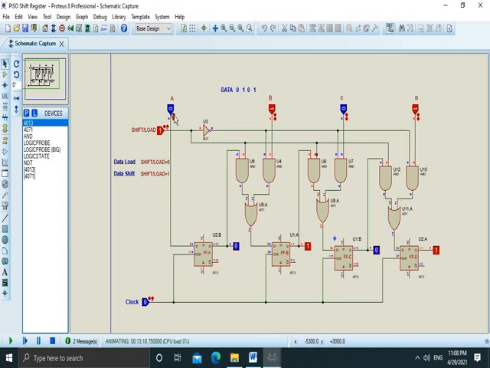So the input of the first flip-flop is 0, the input of the second flip-flop is 0, the input of the third flip-flop is 1 and the input of the fourth flip-flop is 0. After receiving the clock, 0 is shifted to the output of the first, 0 to the output of the second, 1 to the output of the third, and 0 to the output of the fourth.